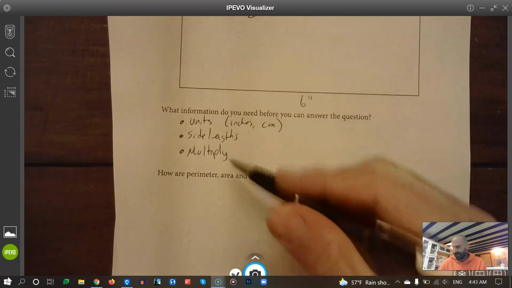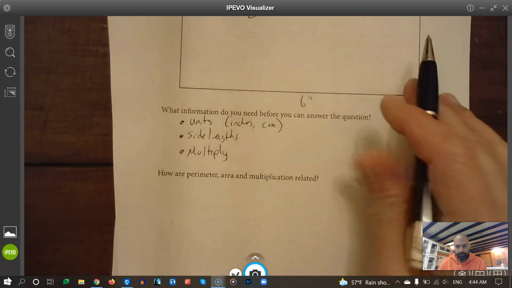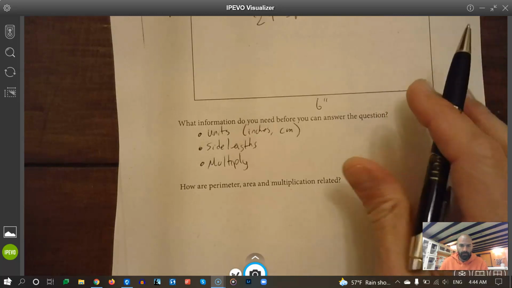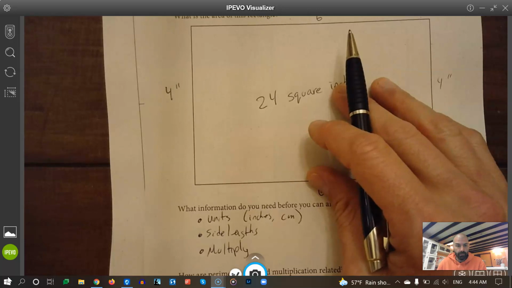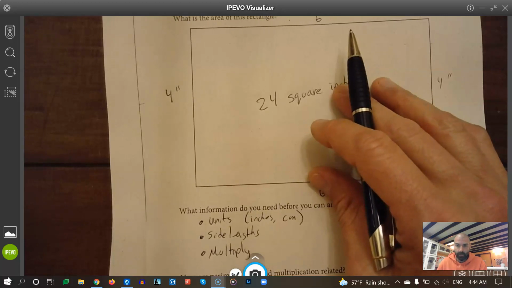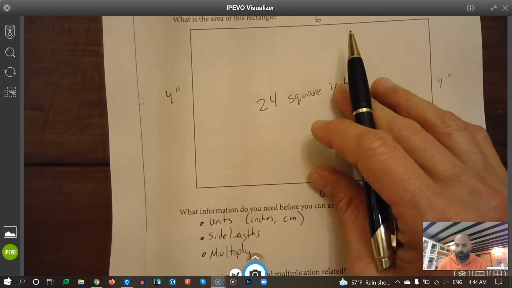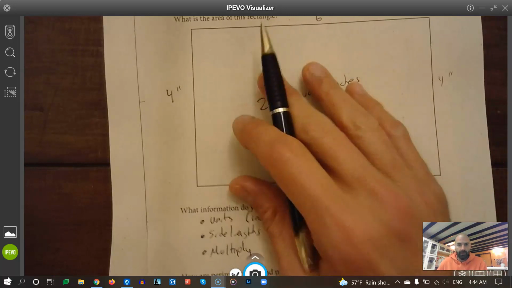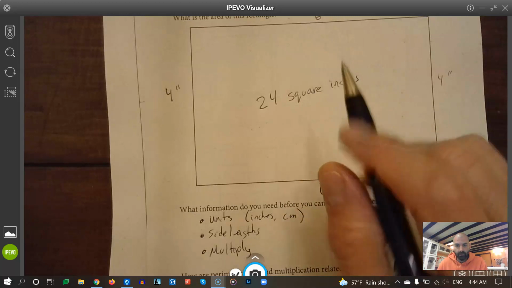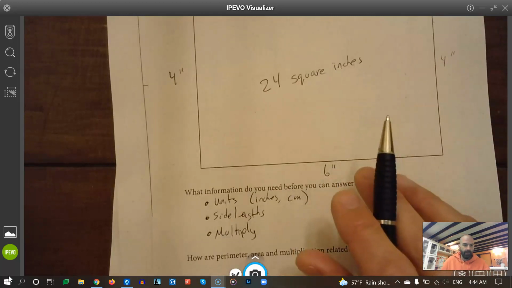So this down here says, how are perimeter, area, and multiplication related? Well, a few different ways. Rectangles are used for multiplication a lot, right? We've done a lot of array work, chunking work, all that stuff when it comes to multiplication, area model with rectangles. They are a very useful strategy for that. So that would be one.